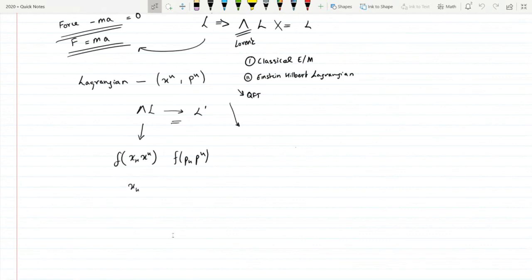Because if you remember from special relativity, we found that x mu itself isn't Lorentz invariant. But if we find quantities that are the squares, which, remember, is the invariant length S, if we have some Lagrangian that's dependent on the square of these vectors, then that Lagrangian is Lorentz invariant. So if you do quantum field theory, so I'm sorry, the only Lagrangians that come to my mind are in QFT.